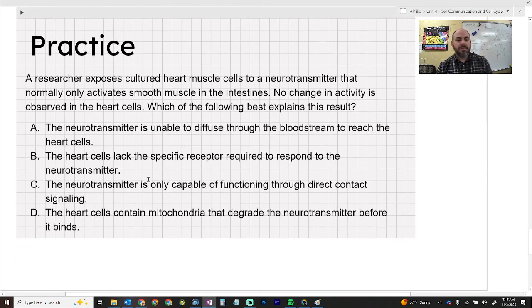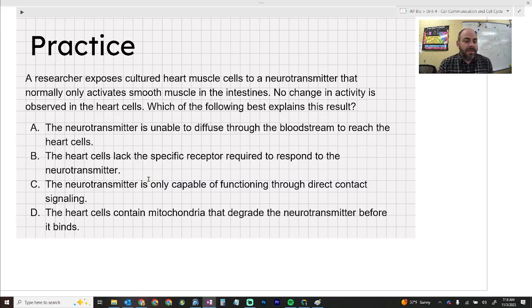Speaking of practice problems, here's one. A researcher exposes a cultured heart muscle cell to a neurotransmitter that normally only activates smooth muscles in the intestines. So as I'm reading this, I'm automatically thinking the smooth muscle cells have some sort of receptor that only goes to that neurotransmitter, right?